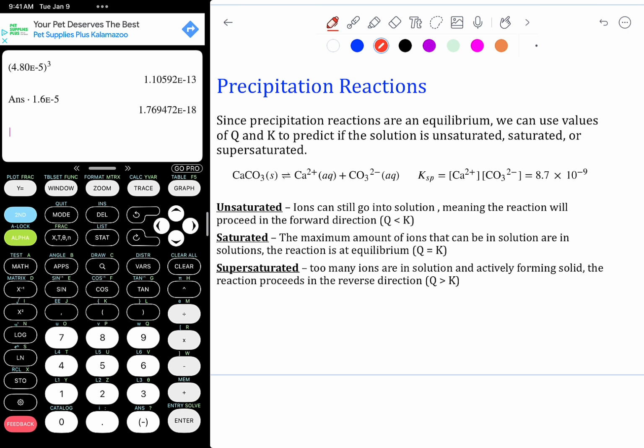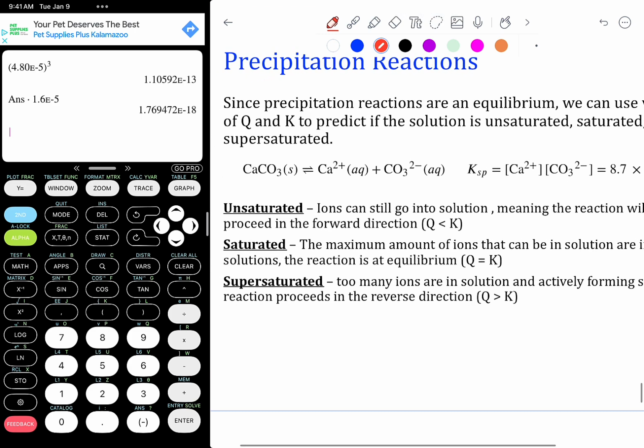So we have 3 different types of solutions that we can have with precipitation reactions, or things that are soluble. The first is going to be unsaturated, and this is where ions can still go into solution. And if we're talking in equilibrium, that means we are moving towards the product.